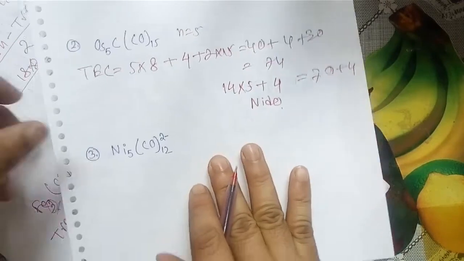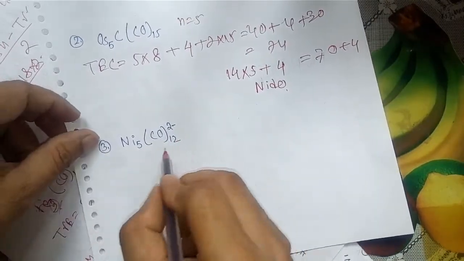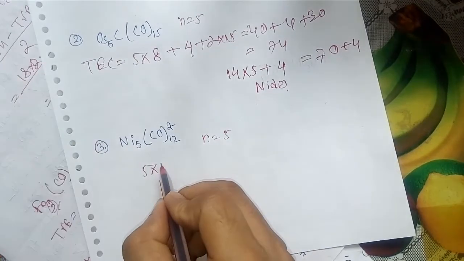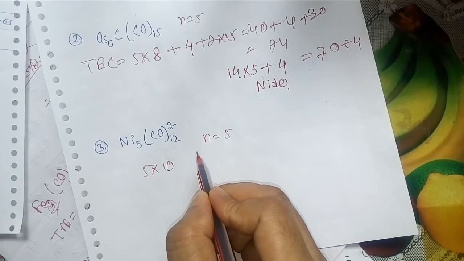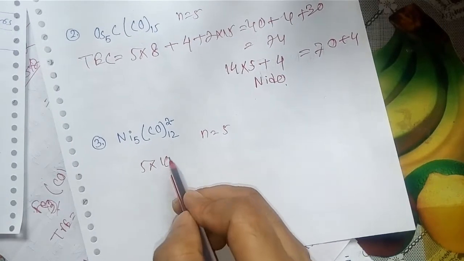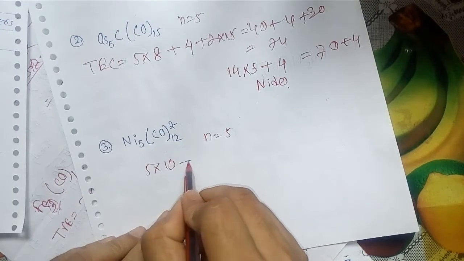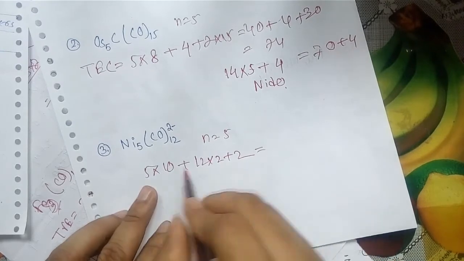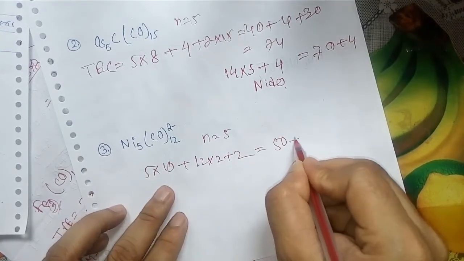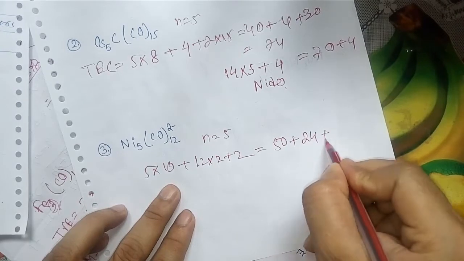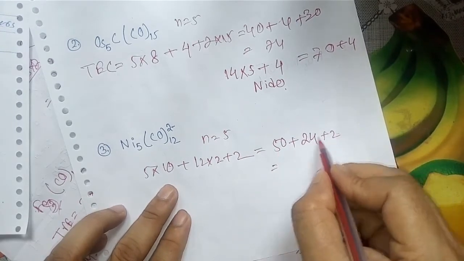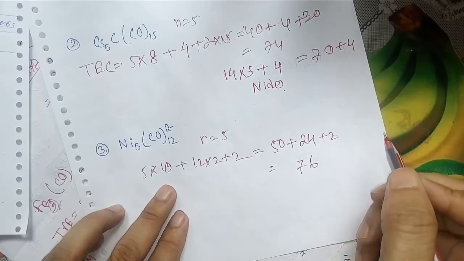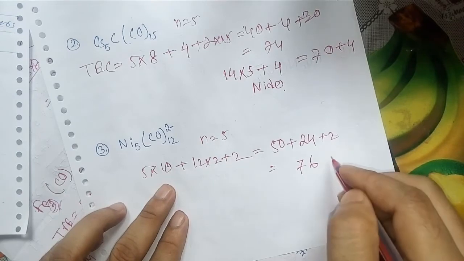Next, similarly, the n value here is 5. What is the valence electron of nickel? Group number 10. So 5 into 10 is 50, plus 12 into 2 is 24, plus 2 to add, so you get 76.